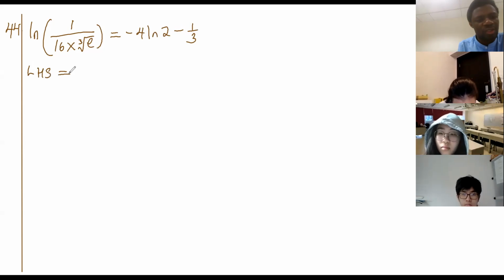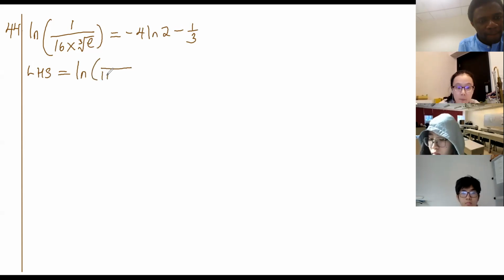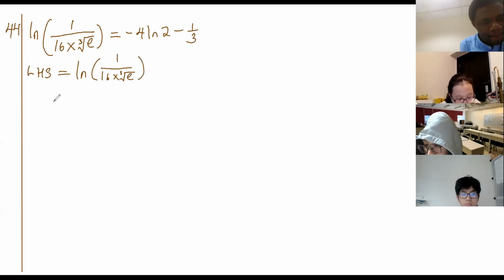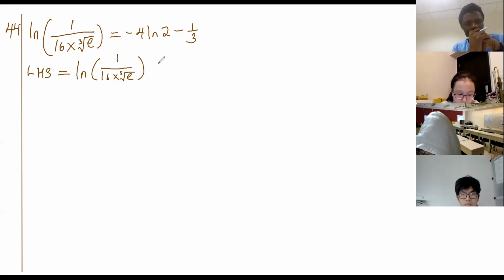Justin, what did you do first? Left-hand side is ln of... I changed 16 to 2 to the power of 4, and then I changed cube root of e to the power of 1/3.